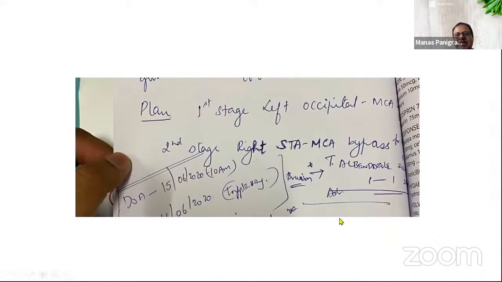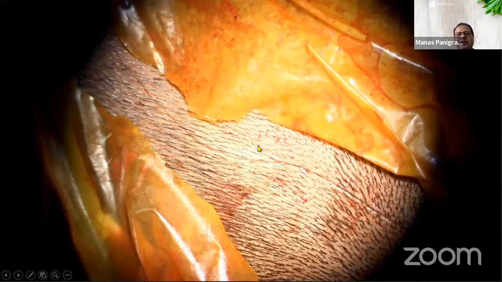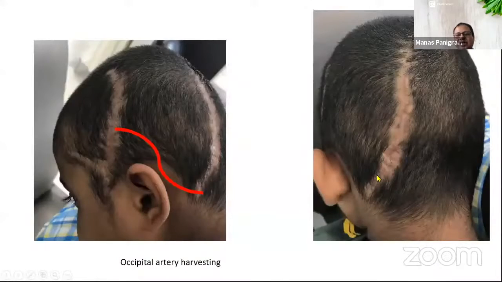So what we planned is a first stage of occipital to MCA bypass, and the second stage was the opposite side STA-MCA bypass after 1 month. This is the incision; we marked the occipital artery with the Doppler. This is how the incision was done. We did this along the occipital artery, and then opened the posterior limb of the previous incision.